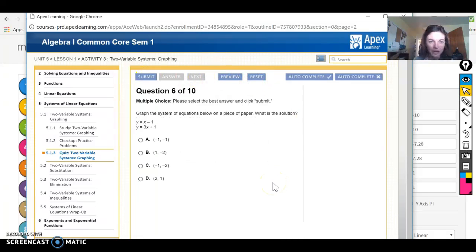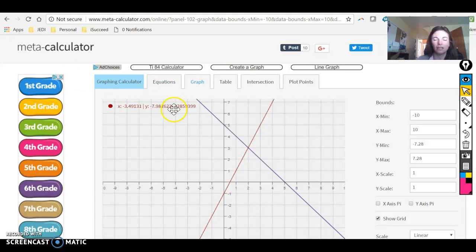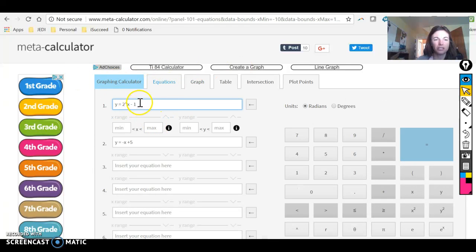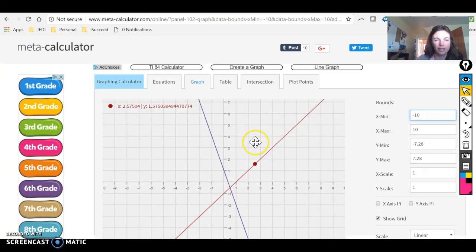Okay. Graph the system of equations below. All right, we're going to do the same thing. I'm just going to go back to my equations, and I'm going to replace this with x minus 1 and 3x plus 1 and graph it. And, oh, it looks like I might have done something wrong here.